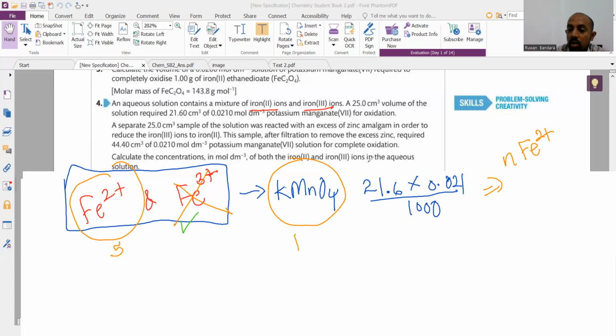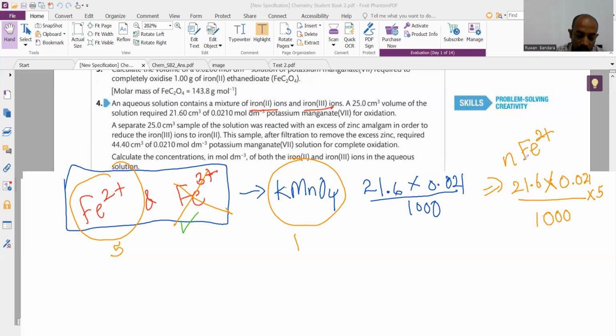This answer, 21.6 into 0.021 divided by 1000, and that answer into 5. That's the moles of Fe2 plus. And wait, one is telling me the answers.